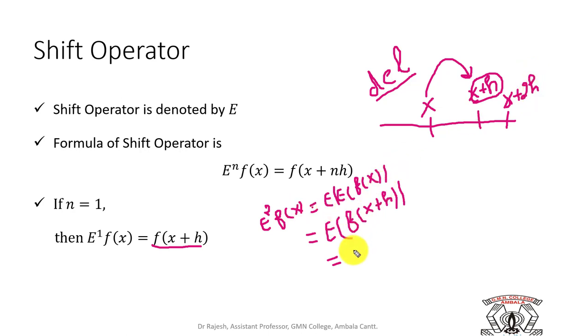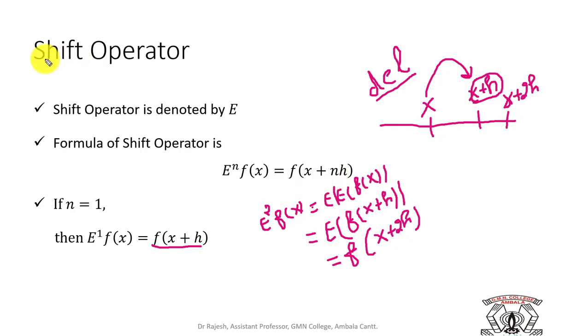So now it will be f of x plus 2h. So simple generalization will induce this result, that when it is applied 2 times it gives 2h, and when it will be applied n times, simple induction will give the result nh. So this is the shift operator.